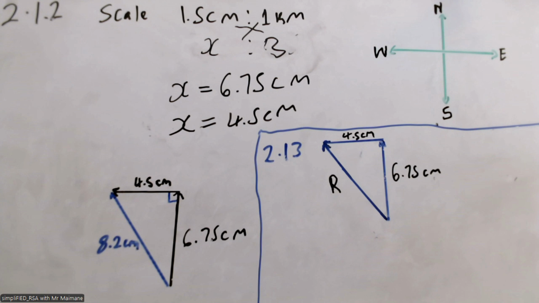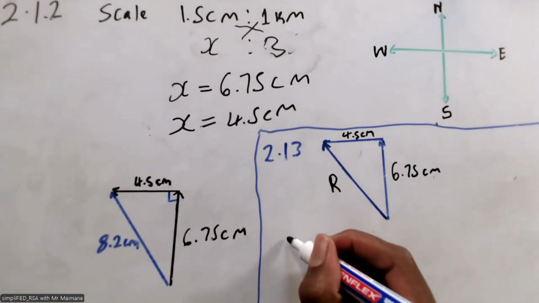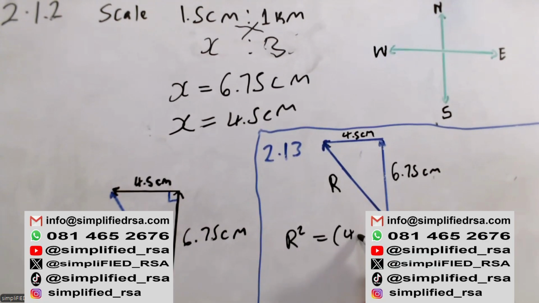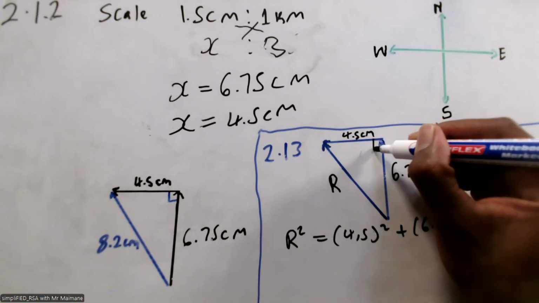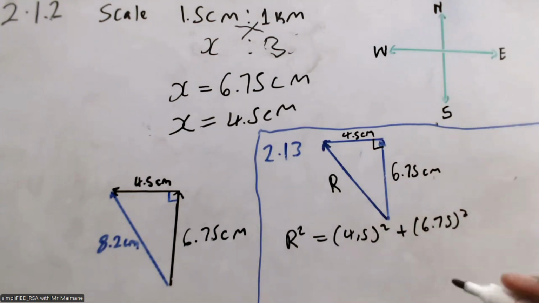So now using Pythagoras to prove that, it's going to be r squared is equal to 4.5 squared plus 6.75 squared, because that's how it works. This is our hypotenuse, this is our adjacent, this is the other side.